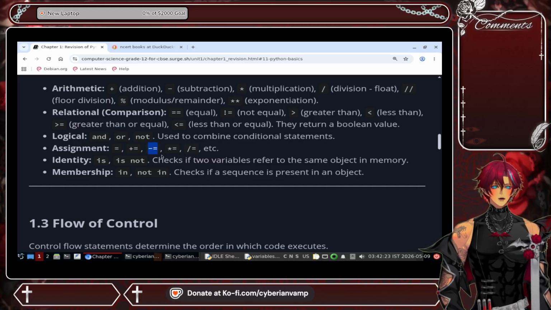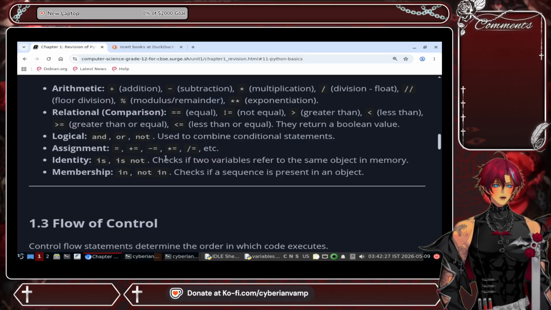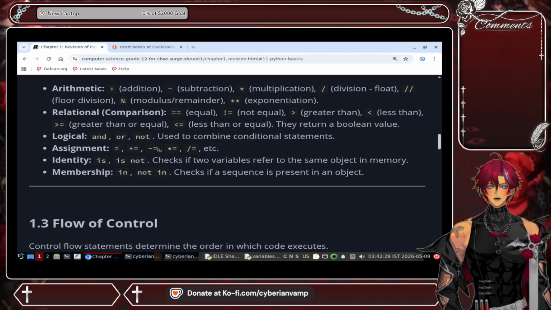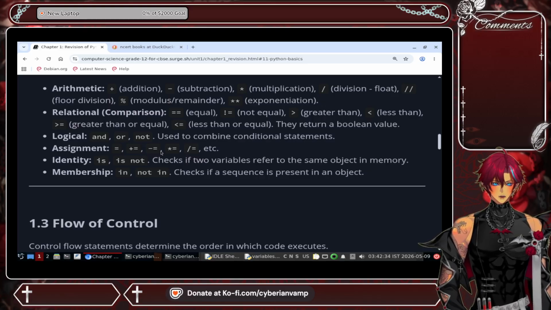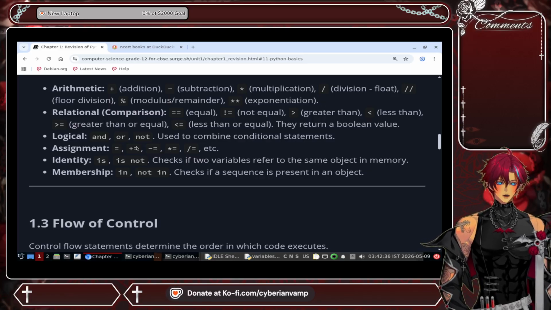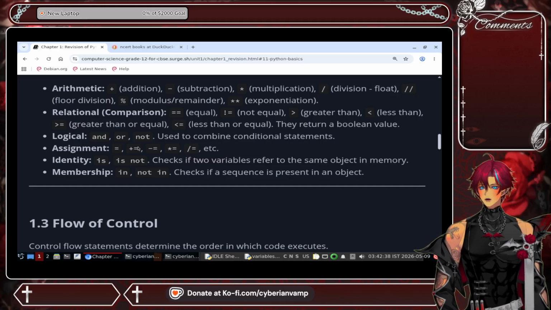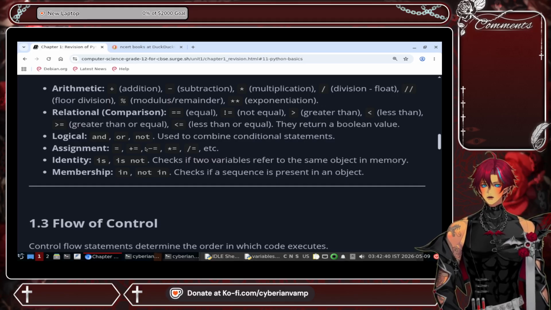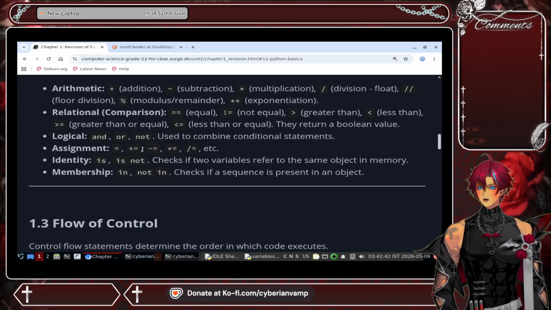When you talk about the subtraction assignment, what it does is it subtracts the second operand, which is the right hand side operand, and then an operand.